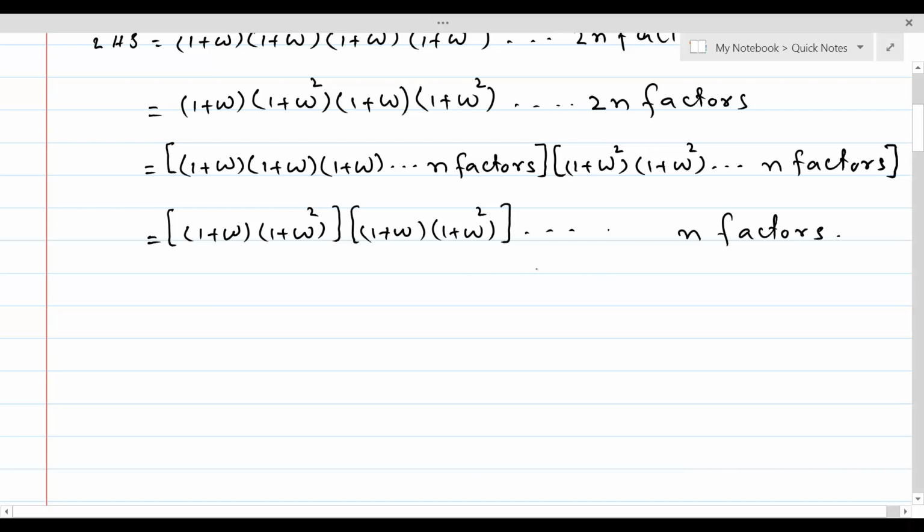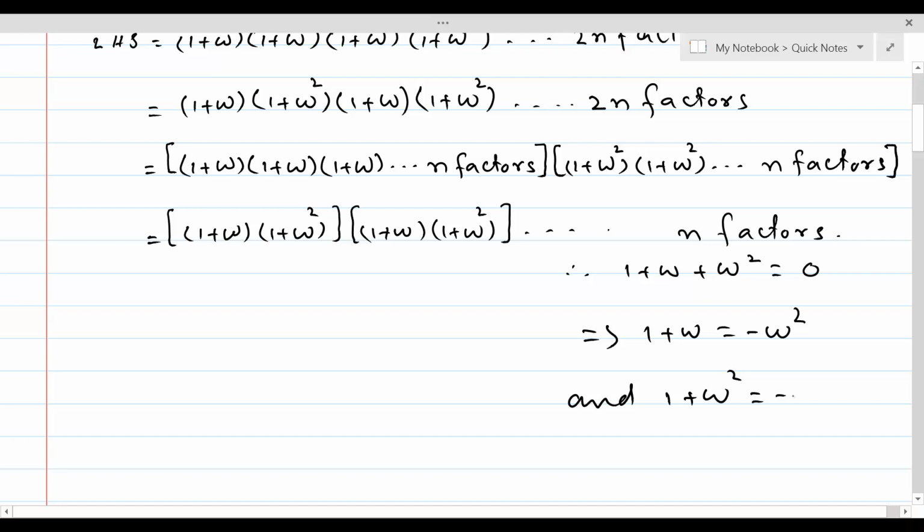But because 1 plus omega plus omega square is equal to 0, which means 1 plus omega is equal to minus omega square, and 1 plus omega square is equal to minus omega.